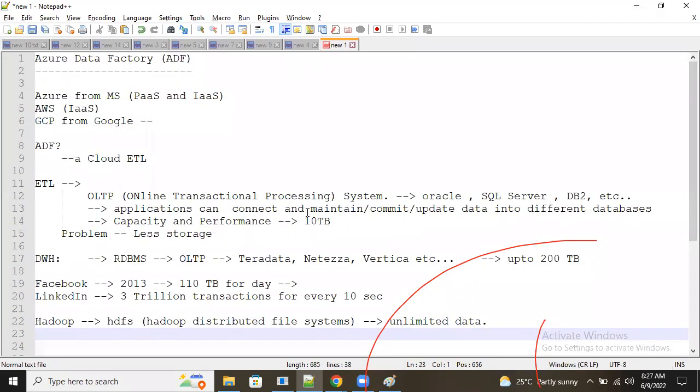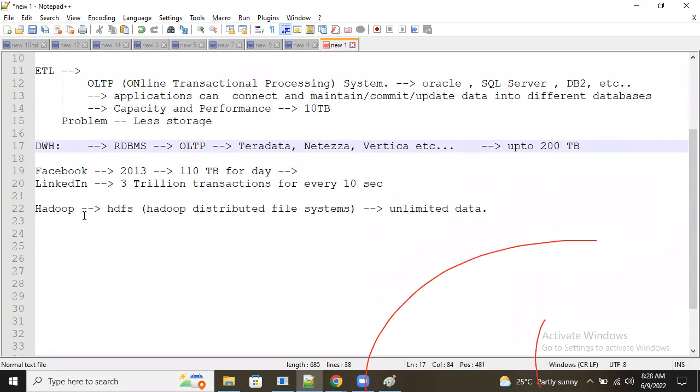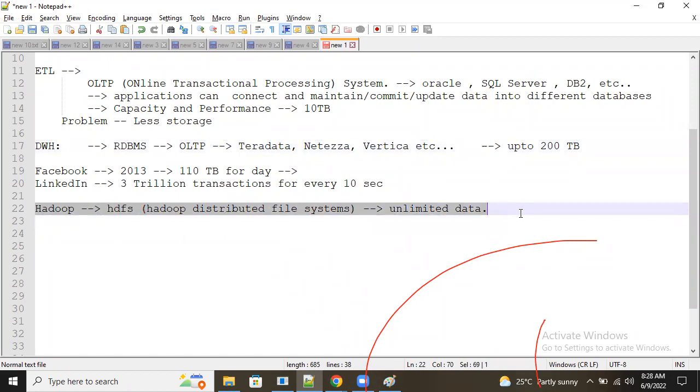See friends, we started from OLTP, which can maintain only 10 TB of data. The solution for this is a data warehousing system, which can capture 200 terabytes of data. But now the data is increasing like anything day to day. Now people started implementing Hadoop, where it can store unlimited volume of data in a distributed format.